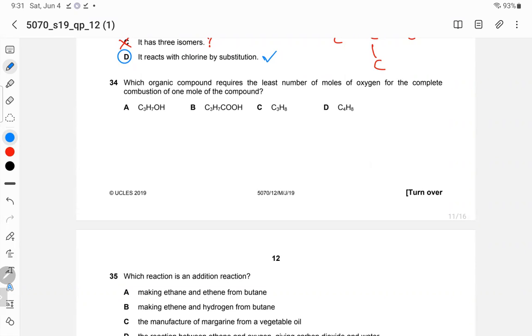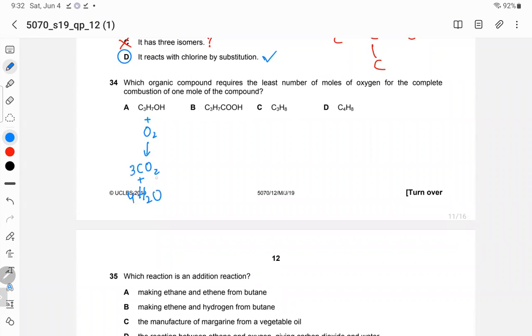For question number 34, how will we attempt it? Shafi, can you tell me? Sir, C. Okay. They are asking about the least number of oxygen, right? So make the equation and then balance it.